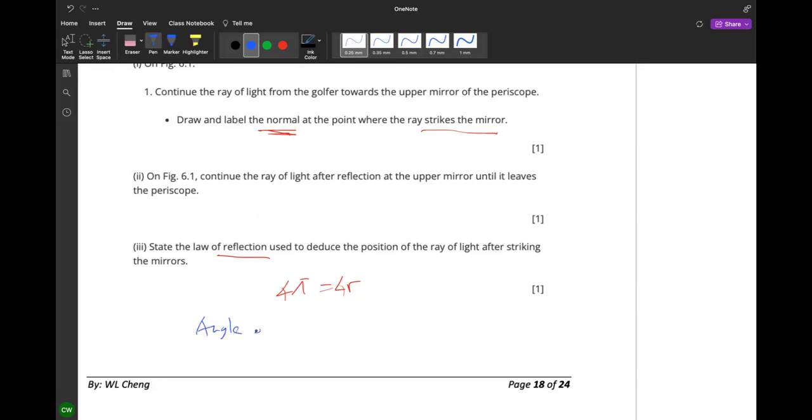Angle of incidence is equal to angle of reflection. Incidence means incoming, reflection means outgoing. Incidence equal to reflection. Any problem? No problem.